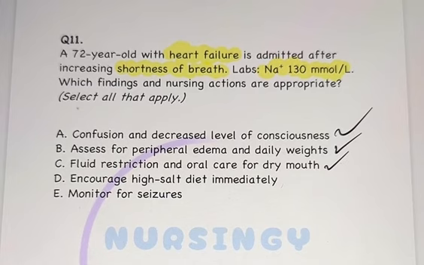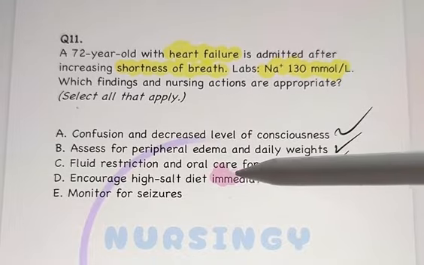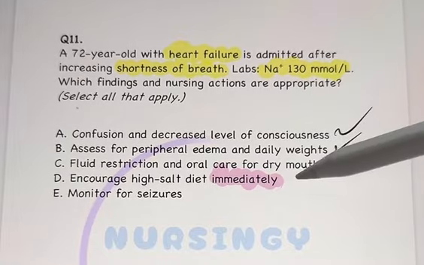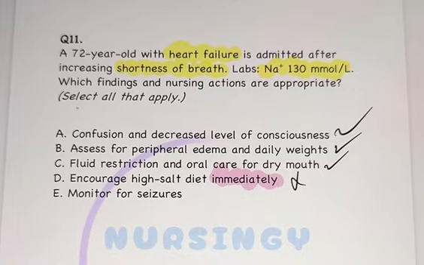What about D, guys? Encourage high salt diet immediately. This is again the classical word. Don't do anything. Never correct sodium immediately. The problem is not sodium, the problem is water.